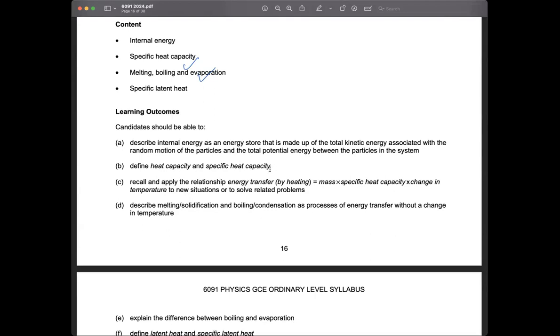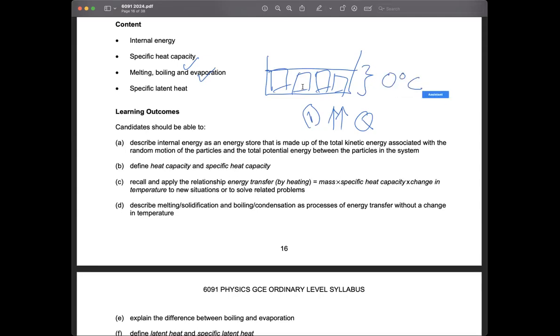So for example, if I were to melt ice to become liquid, I supply energy to this bucket of ice water. So the ice will tend to melt over time. During this period, both the ice and the water will have a fixed temperature. So we talk about internal energy.